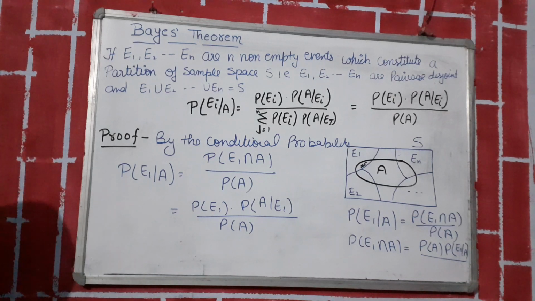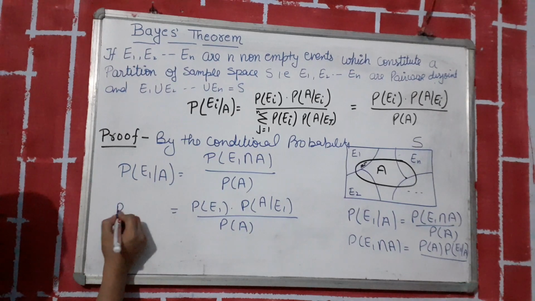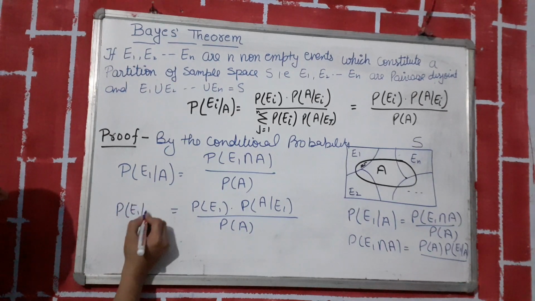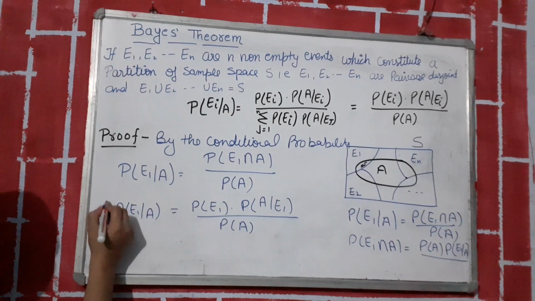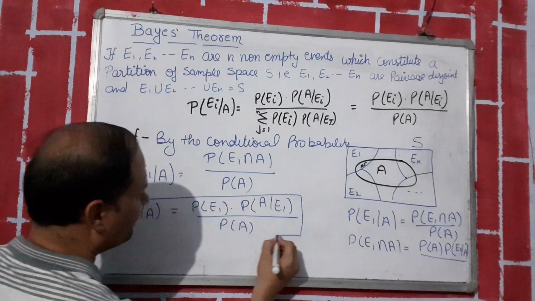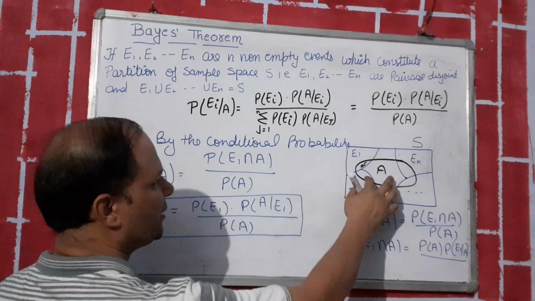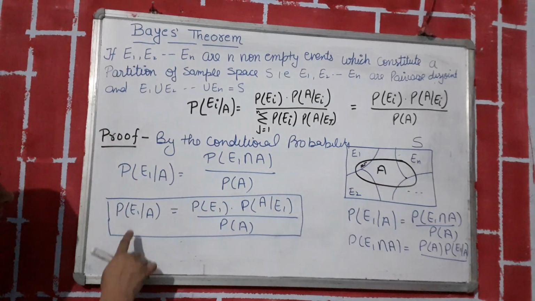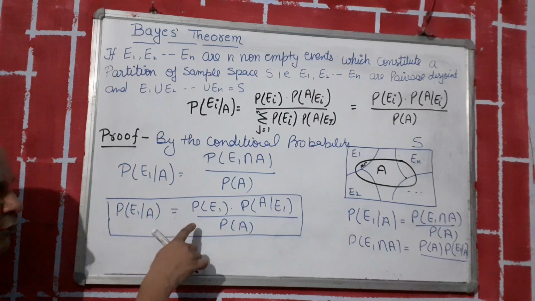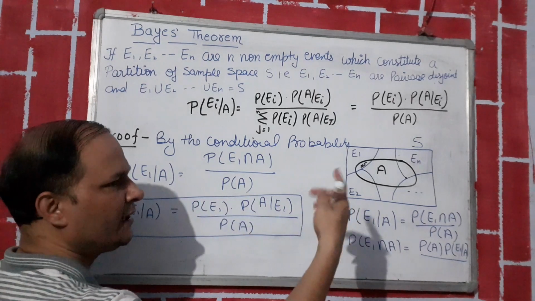Yes, so here we can see probability of E1 when A has already occurred. This is called the conditional probability of E1. If we find out the conditional probability of E2 when A has occurred, then in place of E1 that will be E2, and so on up to En.